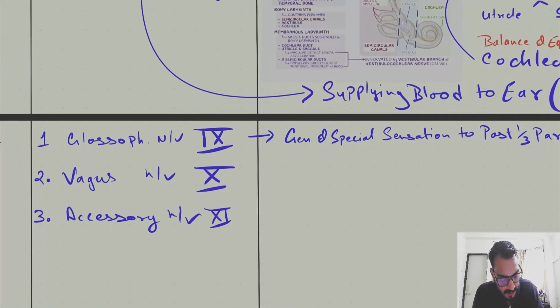Next is, guys, the vagus nerve. In the vagus nerve we have two or three different points which we should remember.